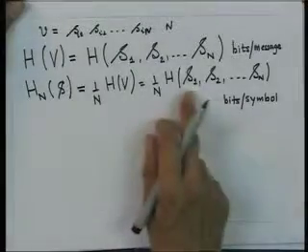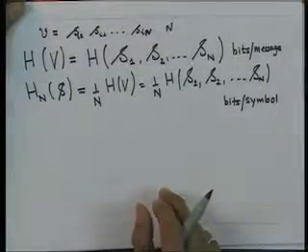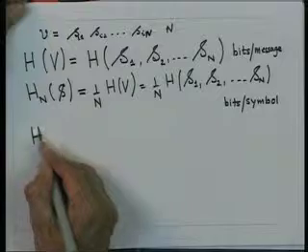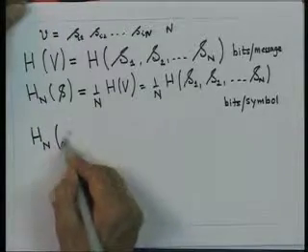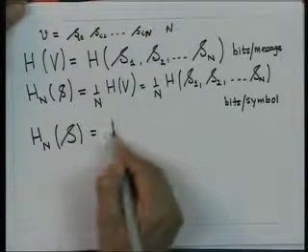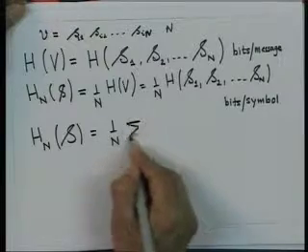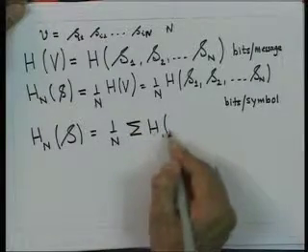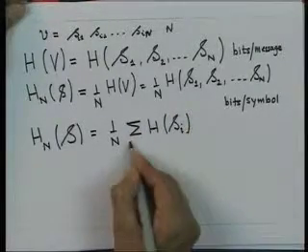Now obviously, if the symbols are statistically independent, then H of S1 to SN would be nothing but the summation of H of Si.